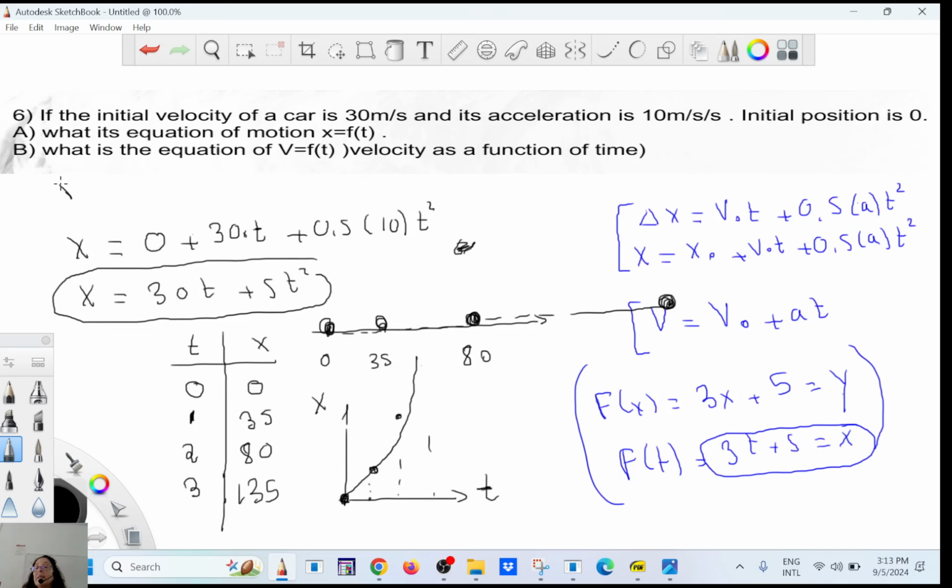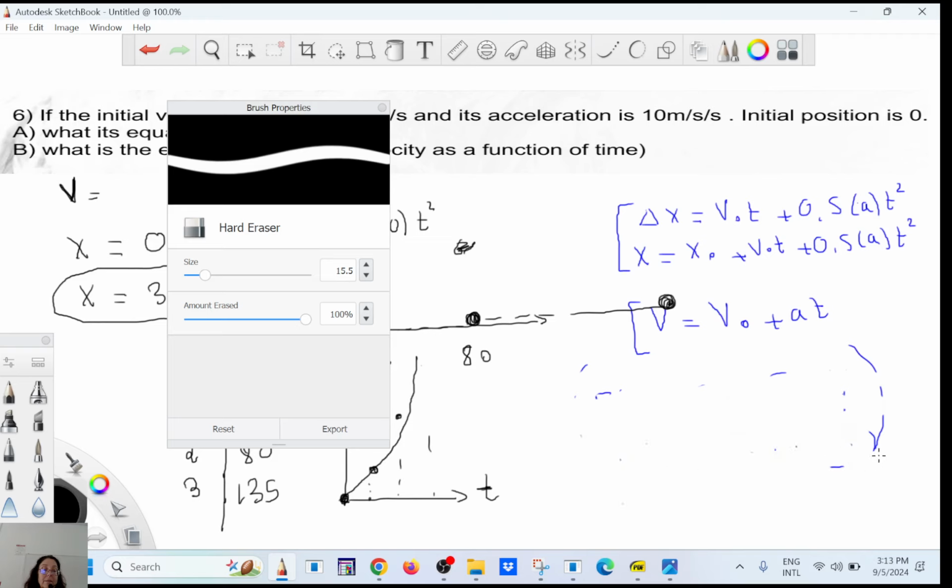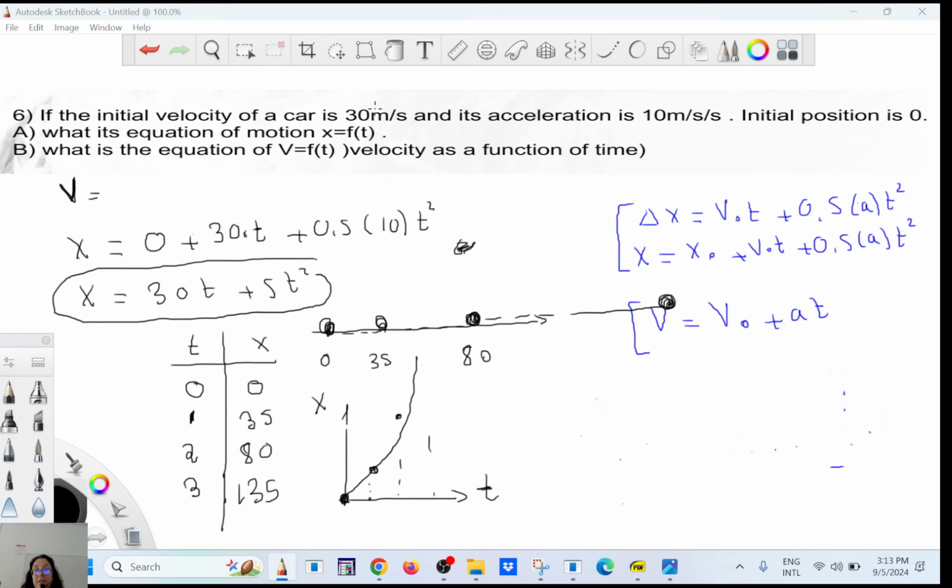What about V? Can you do V? So V as a function of time. Don't stare, help each other. So V, use the kinematic equation.